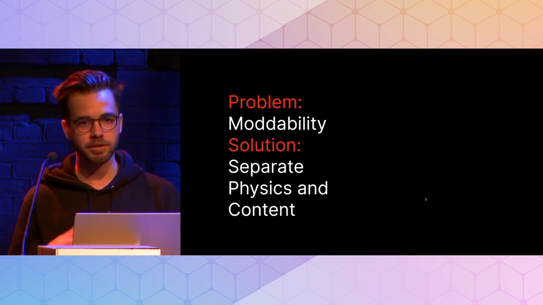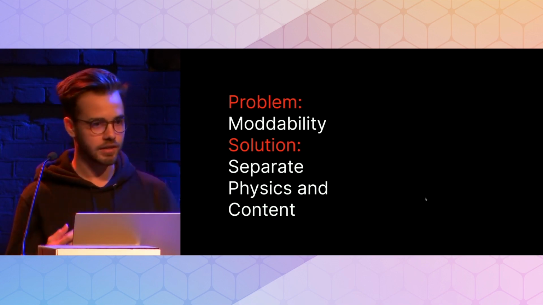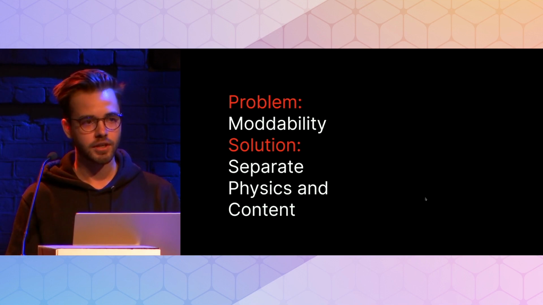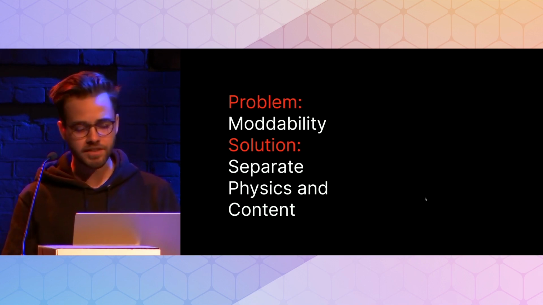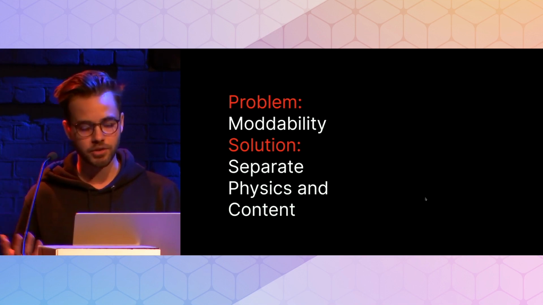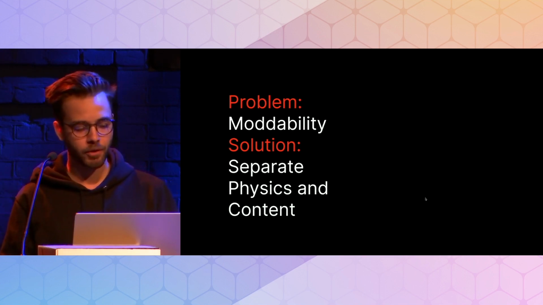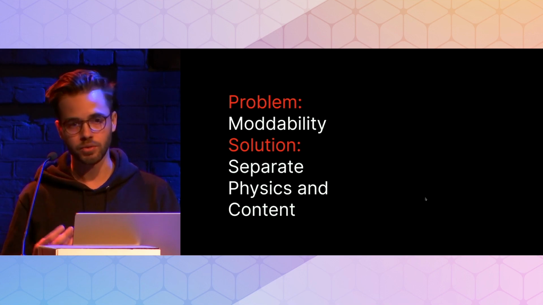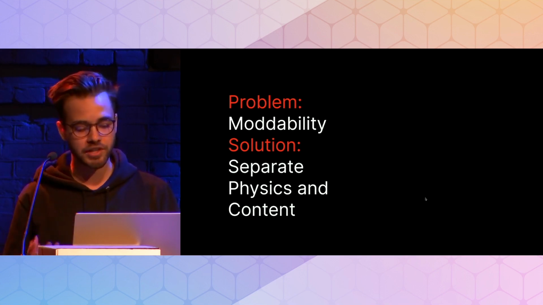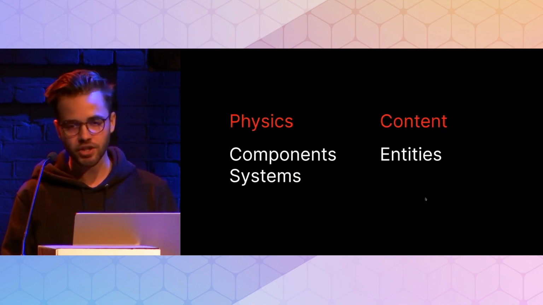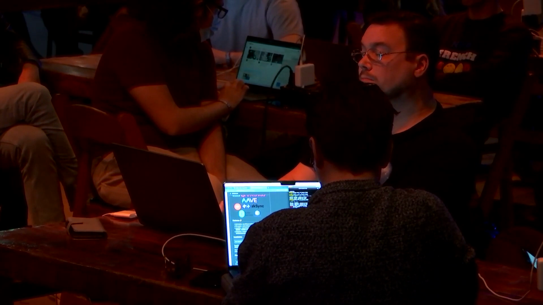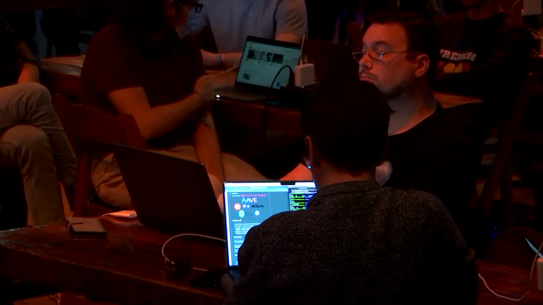You implement the functionality once in your components and your systems, and then can just mix and match new entity types. Second problem was modability, which is also kind of already addressed by using ECS, but also another way to make it more clear, basically, we came up with separating physics and content, which essentially in the words of ECS just means components and systems are the physics of your game, and then the entities are the content.